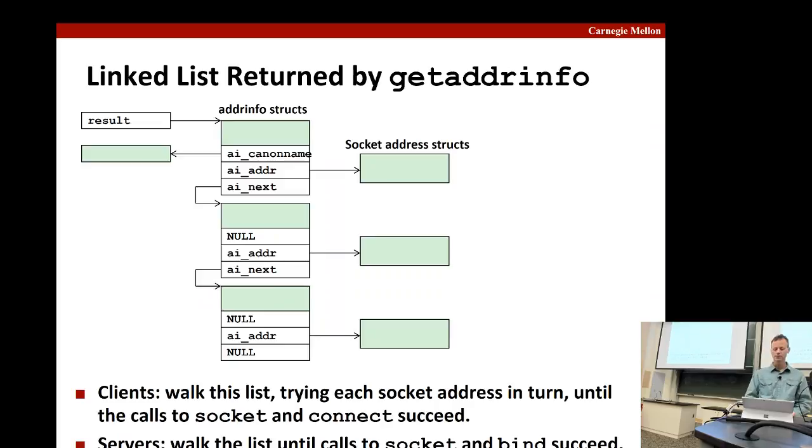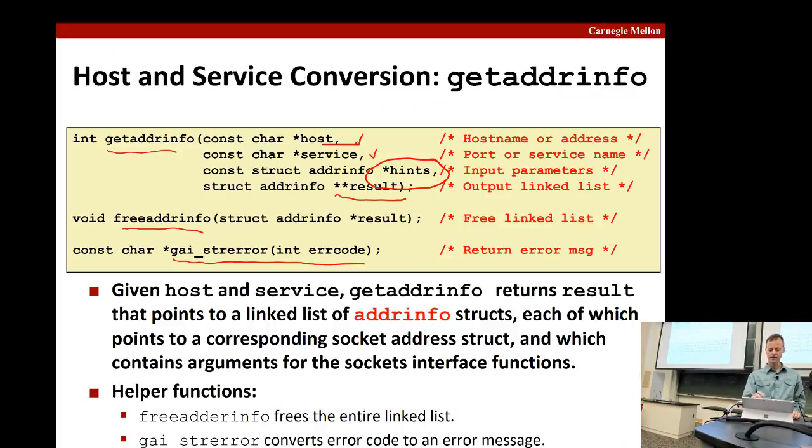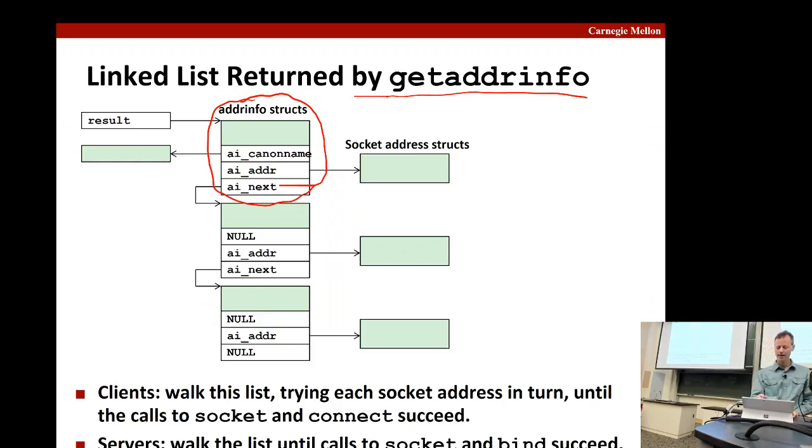So what really happens? When you call getaddrinfo, you actually get back a pointer to a linked list that looks something like this. In the linked list, there are one or more of these addrinfo structures that we just saw on the previous page. The important thing is that it allows you to have more than one that could potentially match what you're looking for.